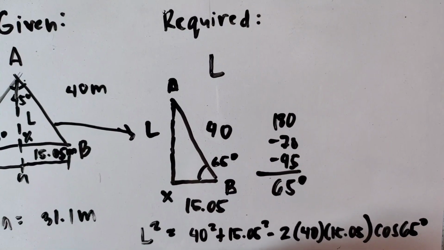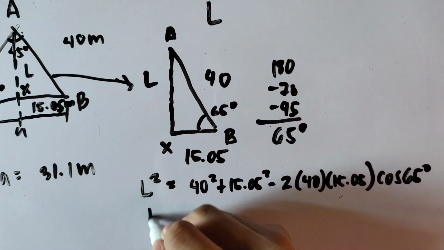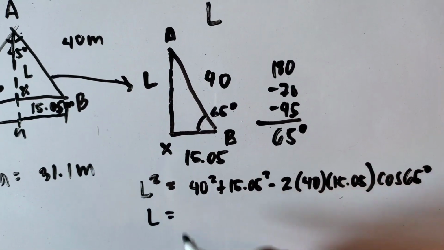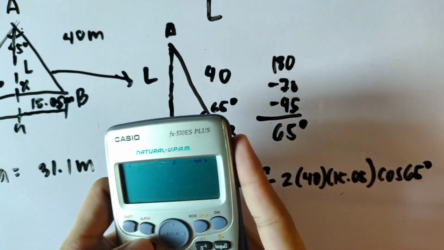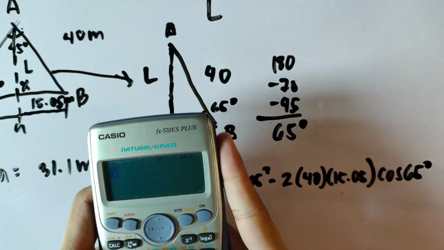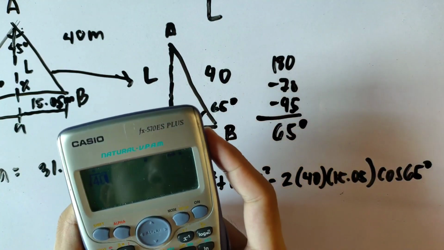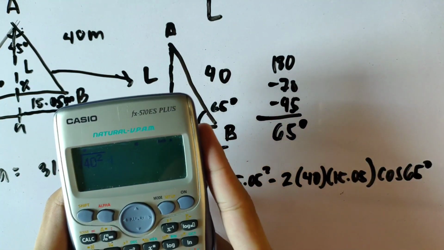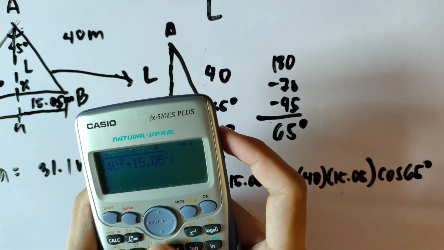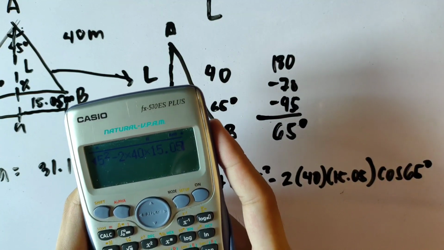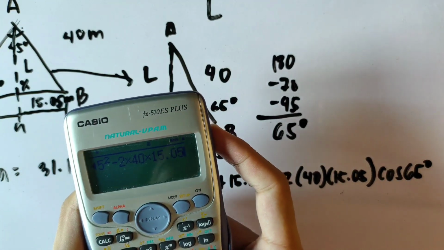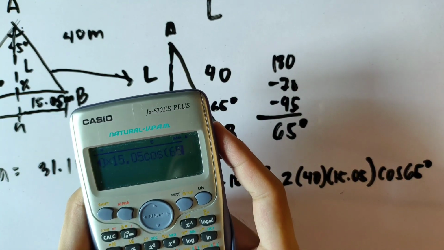So solve na natin ngayon yung value ng L. So yung L natin is equal to square root lang natin ito. So, square root of 40 squared plus 15.05 squared minus 2 times 40 times 15.05 times cosine 65.